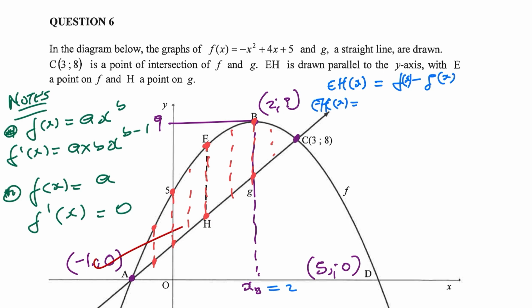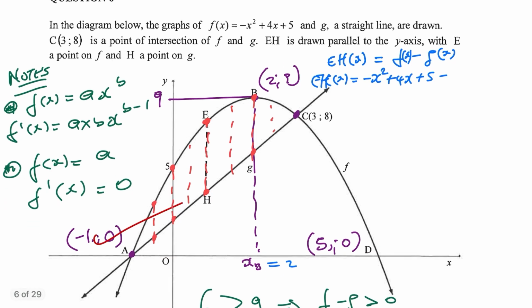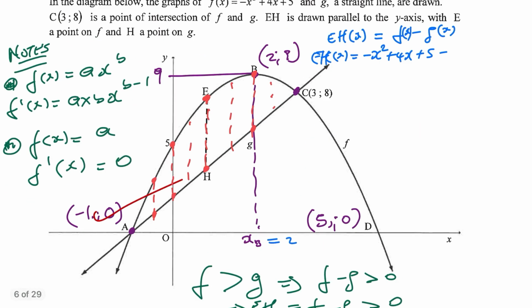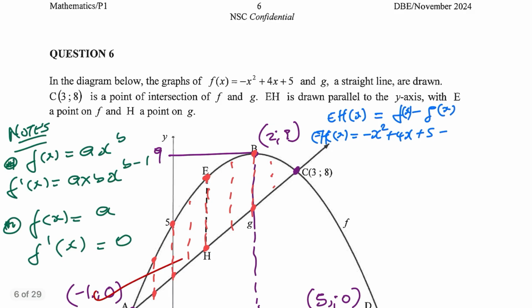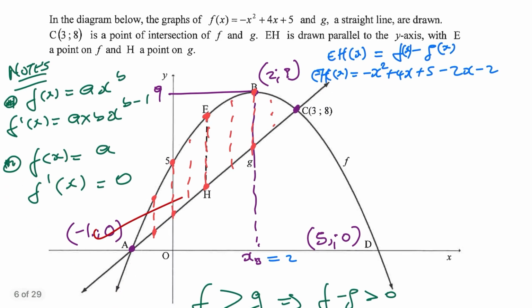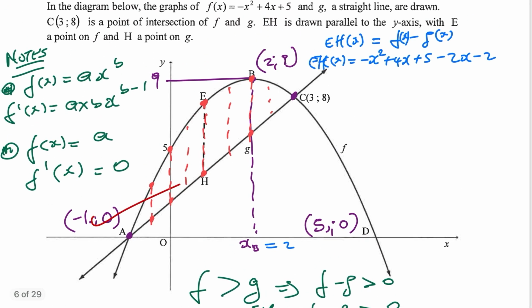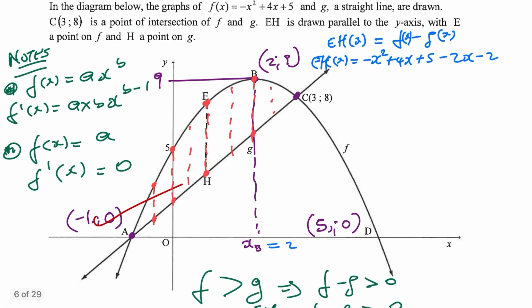We already know f of x. F of x is what? Negative x squared plus 4x plus 5. G of x is what? G of x, we got it here, 2x plus 2. So it's going to be minus 2x minus 2, right? Because you're just subtracting the positive, minus 2 minus 2x. Okay, so you got EH of x.